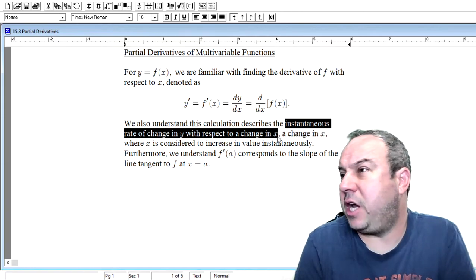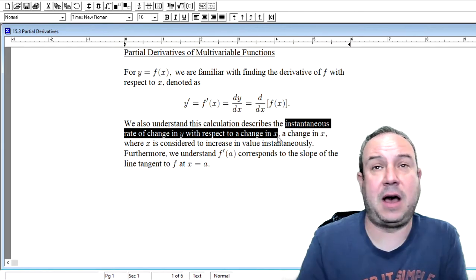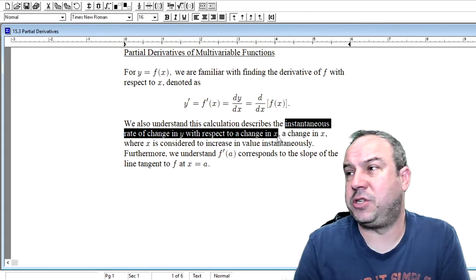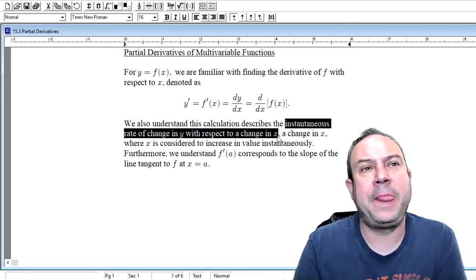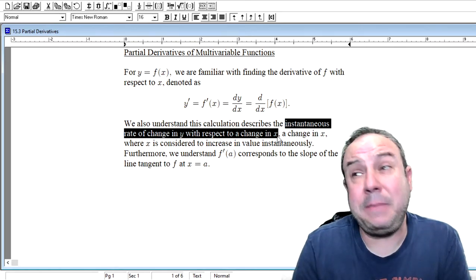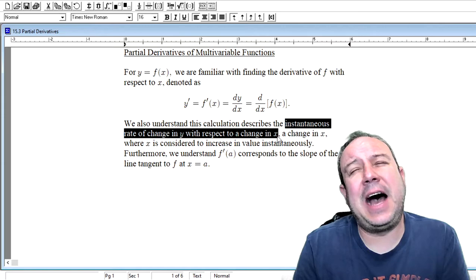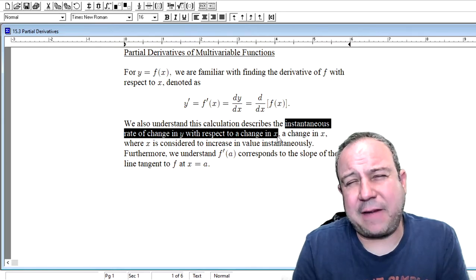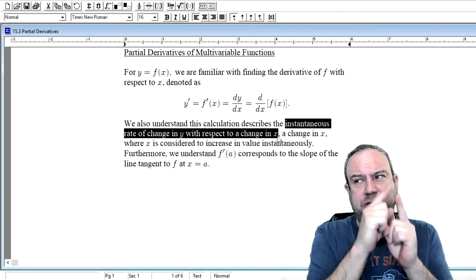The average rate of change in our function y with respect to a change in x over some interval of x, from x equal to a to x equal to b. Looking at that average rate of change over that interval, we were able to apply a limit and examine that behavior as those 2 points on that average rate of change curve approached each other.